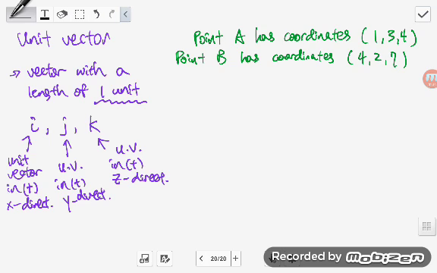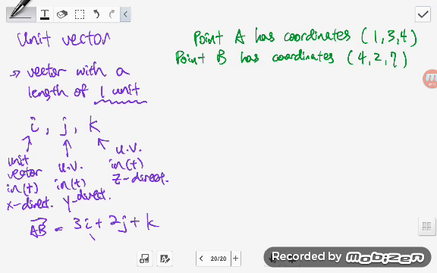So for example, if I have something that says my vector AB is equal to 3i plus 2j plus k, right? All that means is from my point A to my point B, I'm gonna go 3 units in the positive x direction, and then I'm gonna go 2 units in the positive y direction, and finally I'm gonna go 1 unit in the positive z direction, right?